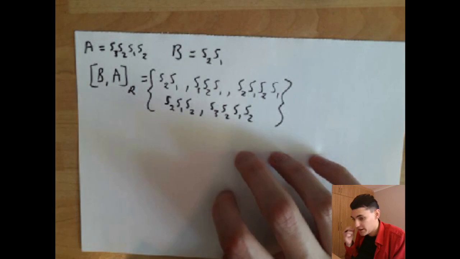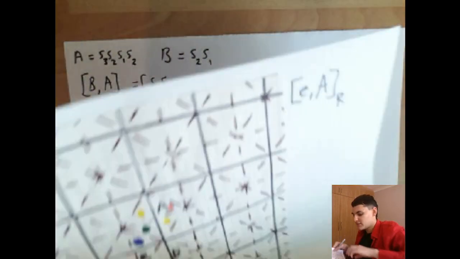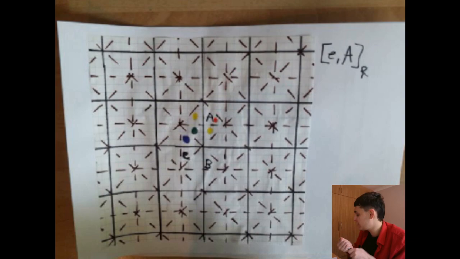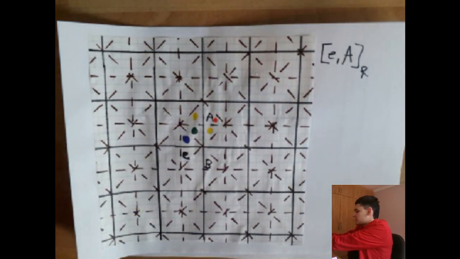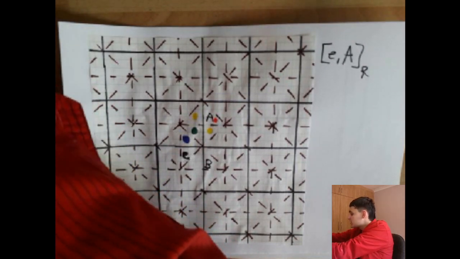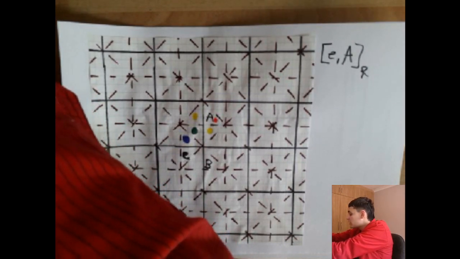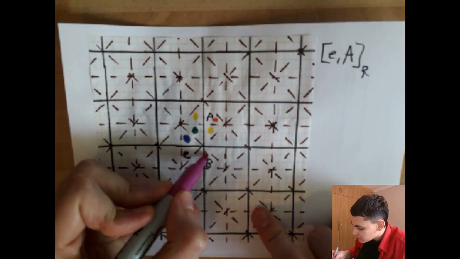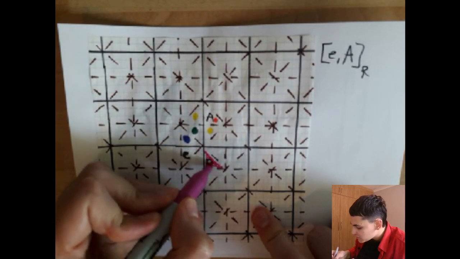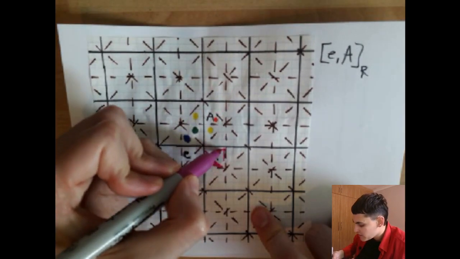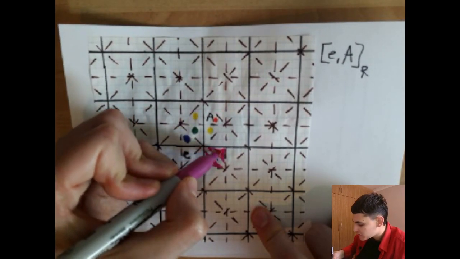Now, to be honest, it's easier to see the interval in this one. So let's actually use a completely different color. Let's go with this bright pink. So I'm going to highlight each of the cells in the interval.